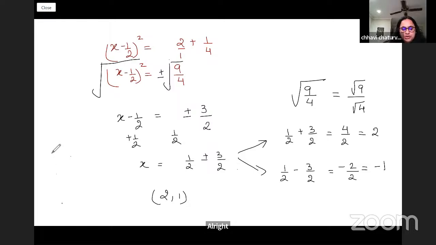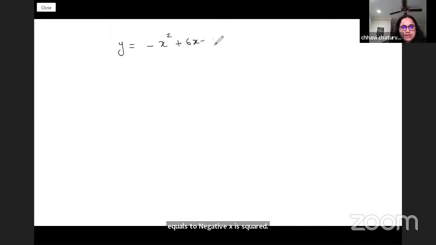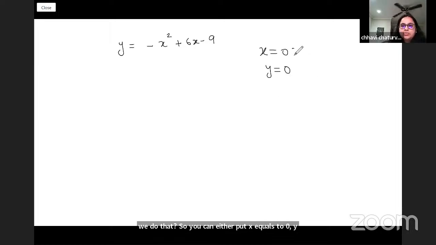I have a question. If you have a graphing problem like y equals -x squared plus 6x minus 9, how do we do that? So you can either put x equals 0, y equals 0, find the intercept. Yes, that's one way.